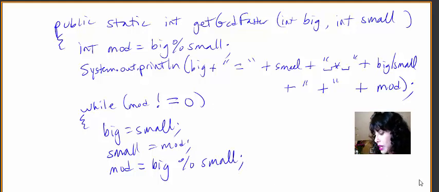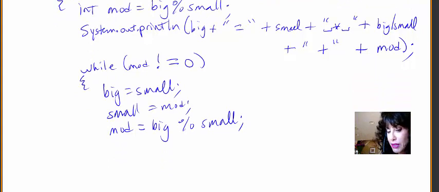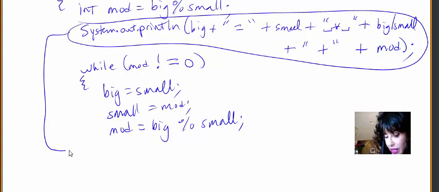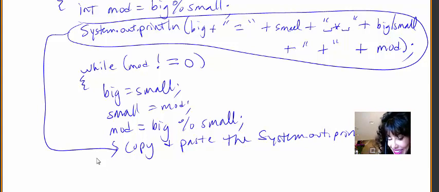And then you can just do a cut and paste of the println statement we had here, so that will also print out while you're inside the while loop. So if you don't mind, I'm just going to copy and paste that System.out.println, since it's going to take me too long to rewrite that whole thing again. Okay. And then you're done with the while loop.